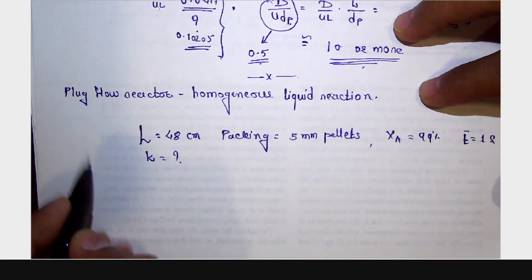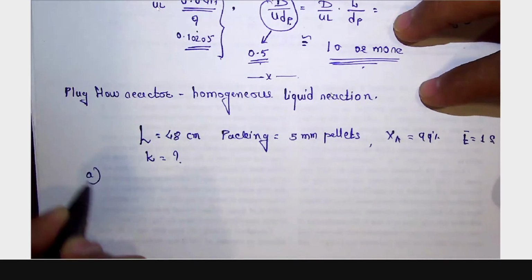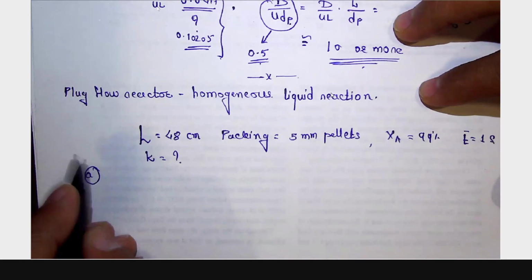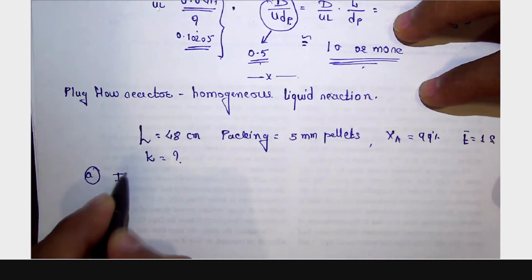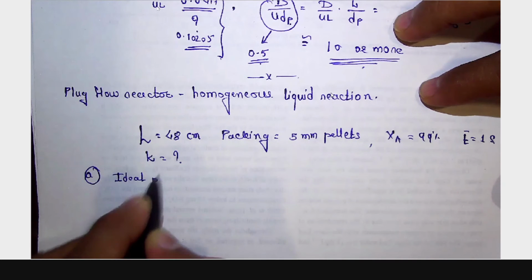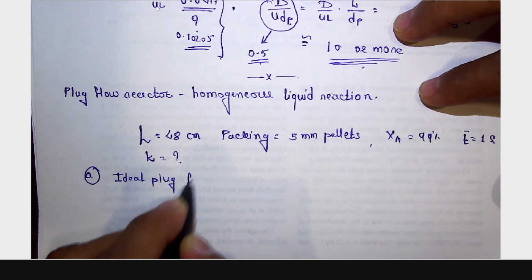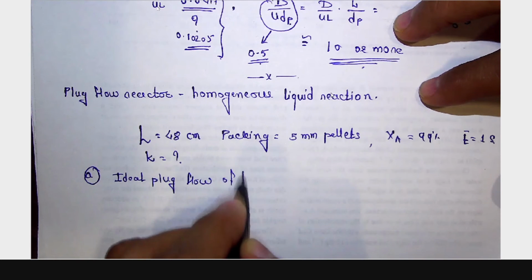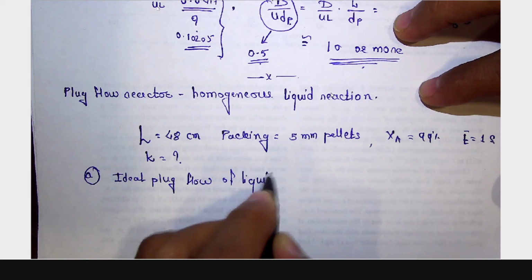So the first case is the ideal plug flow reactor, ideal plug flow of liquid. So this is very easy to find out.